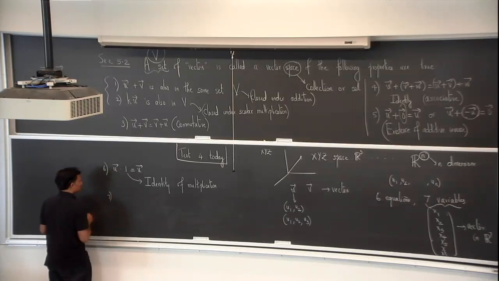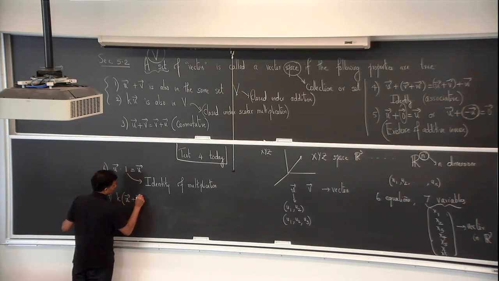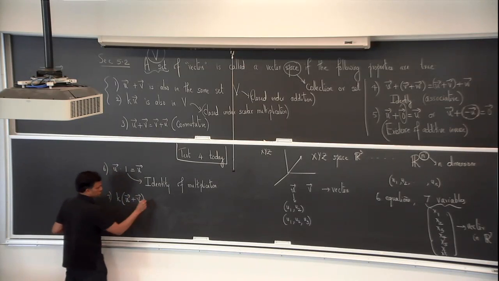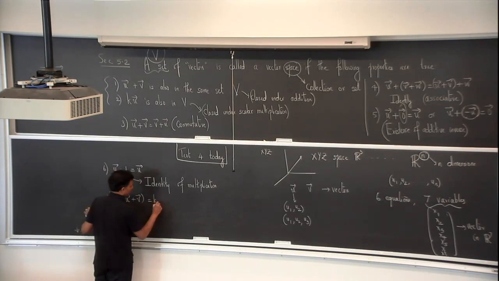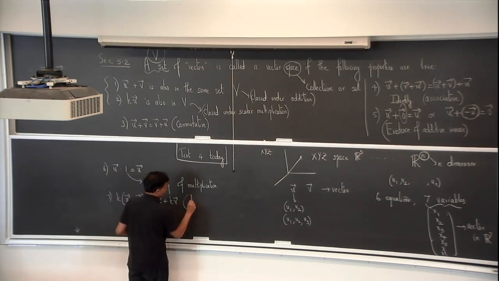7. If you take that scalar k and do k times u plus v, like this, you can distribute the k inside, okay, k times u plus k times v, so distributive property of scalars.